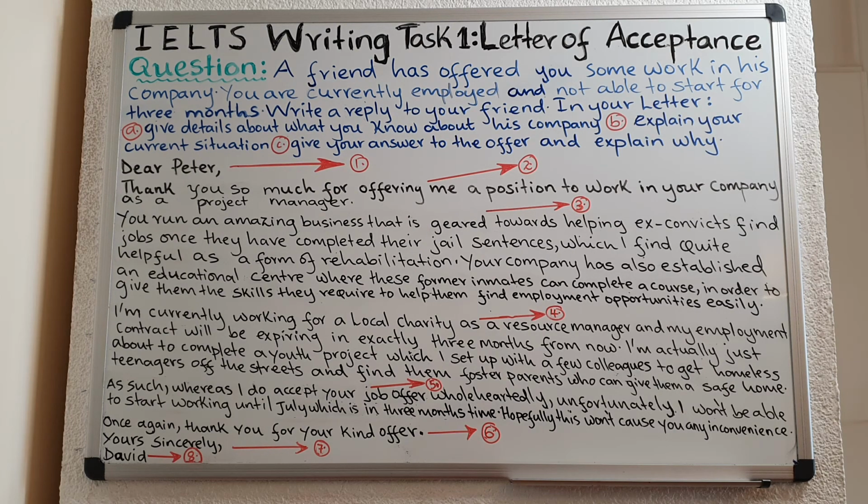And you notice I also use that contracted form of the word am. I'm actually just about to complete. I also said I won't be able instead of saying I will not be.